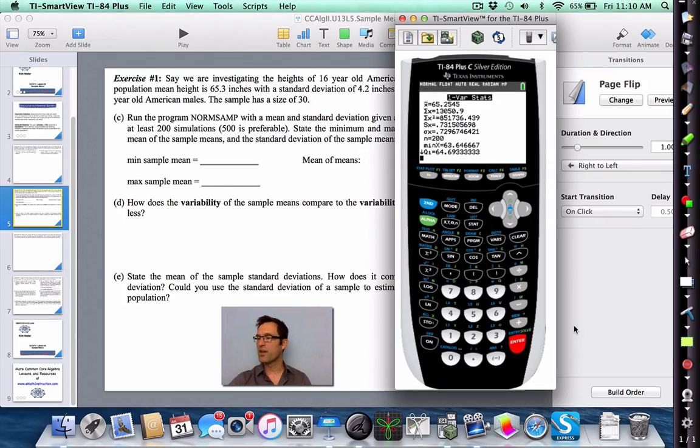So the amazing thing is that the mean of my means is 65.25. We'll leave it like that. And the standard deviation of my means, which I'm going to go with S sub x, is 0.73. That would be the same if I took the population standard deviation as well.